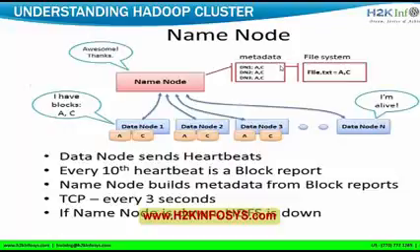And this TCP every 3 seconds means there is a protocol acting between the name nodes and data nodes. Any communication will be passed through this TCP protocol. You guys don't need to worry about these protocols because the admin will take care of whether they have been sent properly and if there is proper communication between them or not.